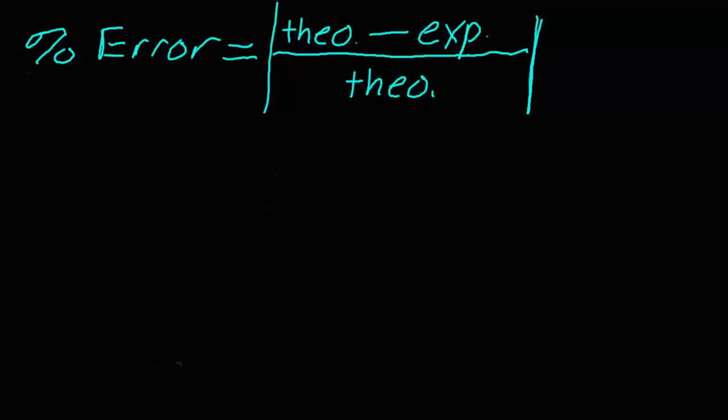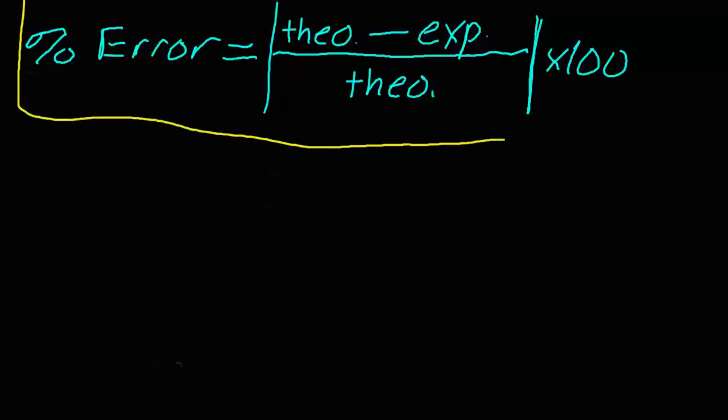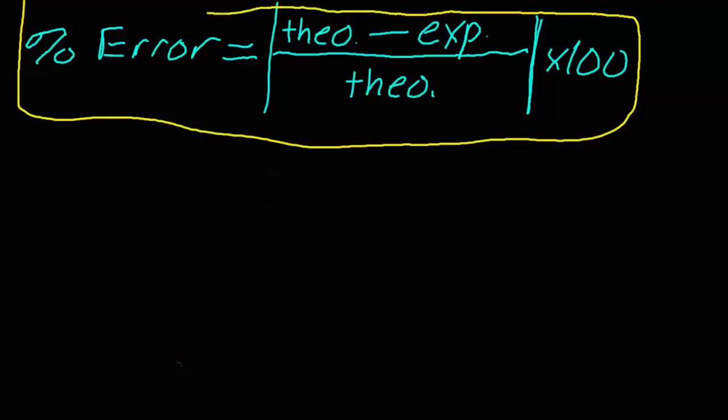And then once you take the difference of your theoretical and your experimental and divide it by theoretical, you turn it into a percent by multiplying by 100. So this is your equation here for percent error. Percent error equals theoretical minus experimental divided by theoretical times 100. Pretty simple.